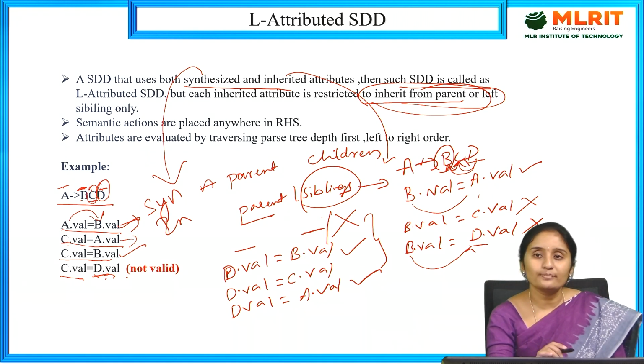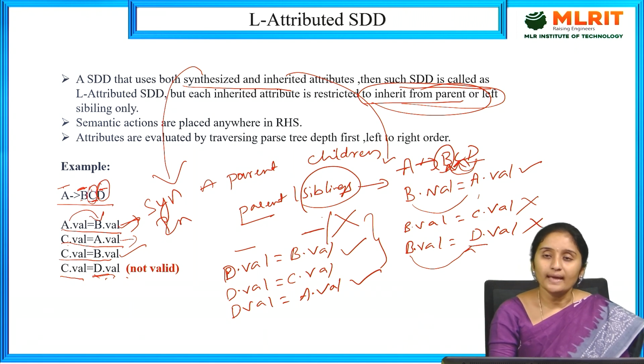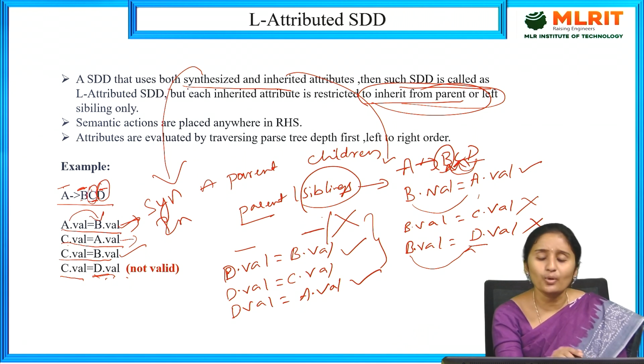There are two types of SDDs: S attributed SDD and L attributed SDD. S attributed SDD uses only synthesized attributes. L attributed SDD uses both synthesized and inherited attributes.